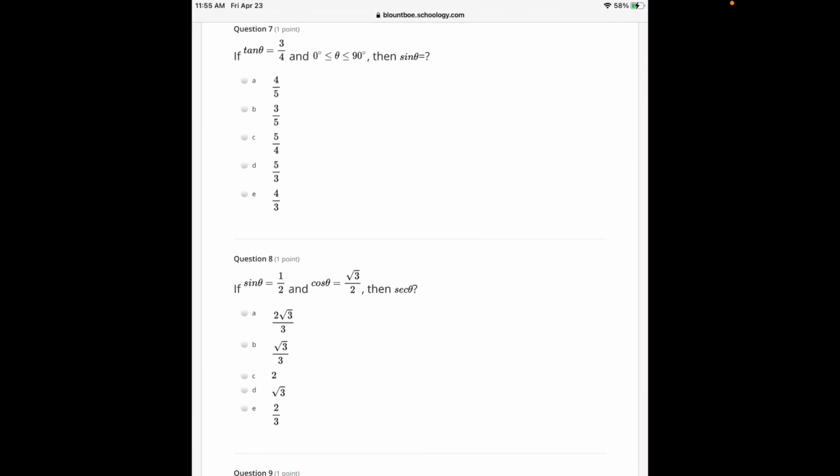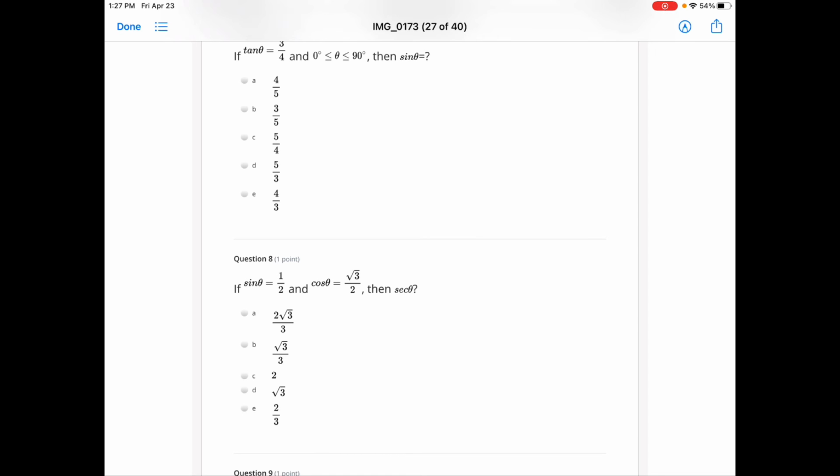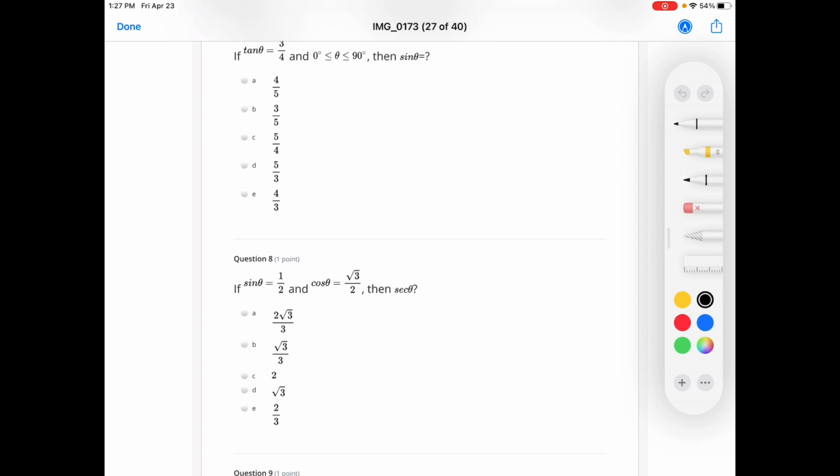All right, let's look at number 7. It tells us tangent is 3/4. It tells us that theta is between 0 and 90 degrees. That tells me what quadrant we're in.